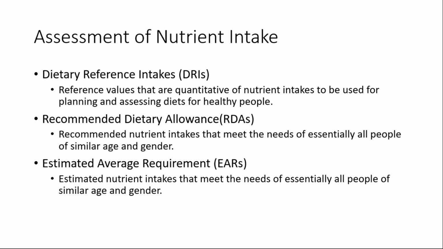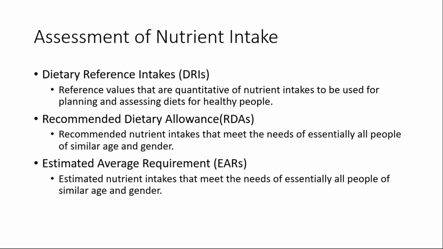So the RDAs you will see are given for a physically active man of 60 kgs, or a 60 kg person with a sedentary lifestyle, and for women it will be women with sedentary lifestyle or women in the childbearing age and different things. So the dietary requirement varies with the age.